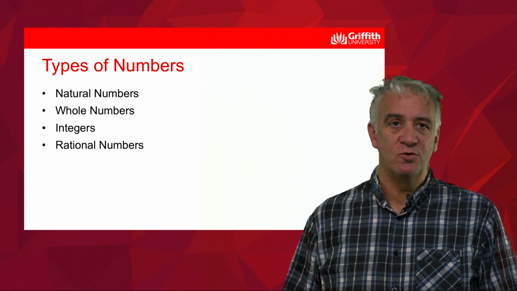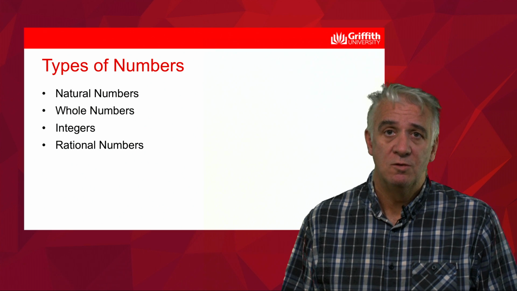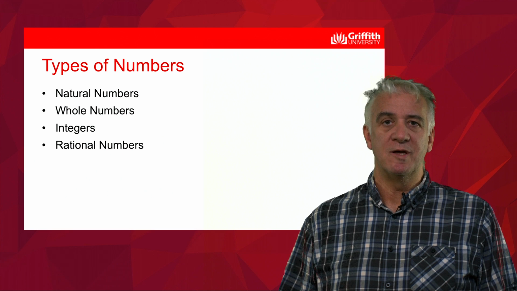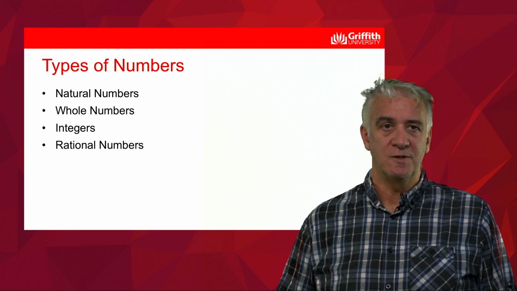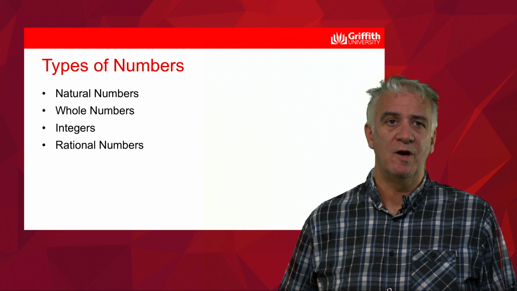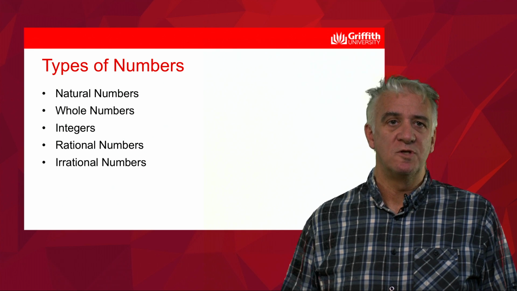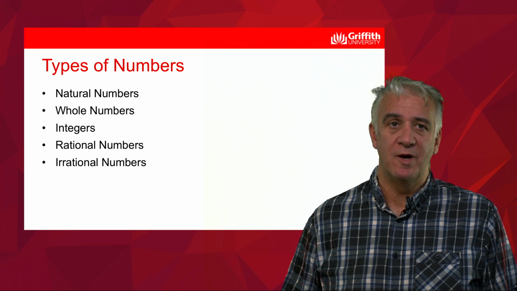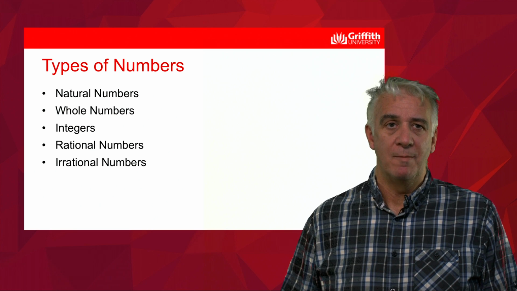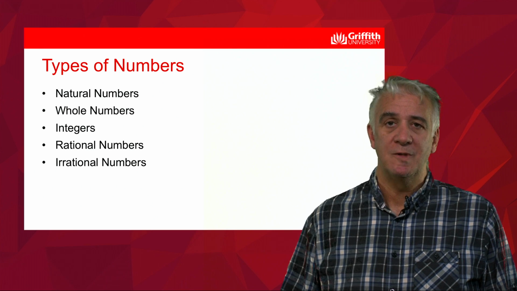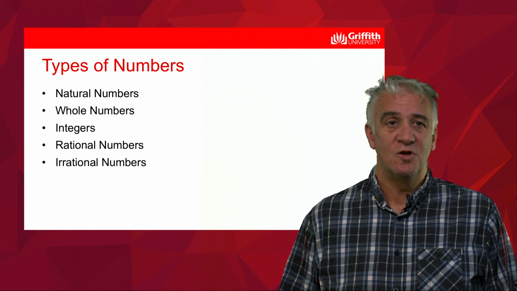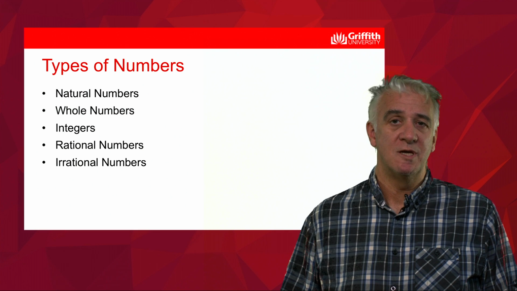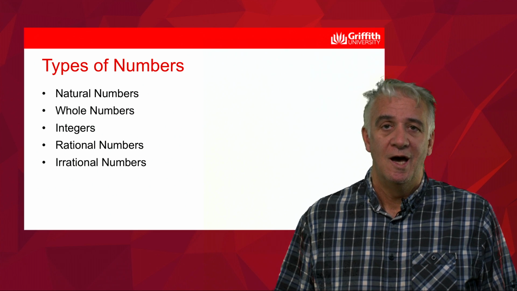The next one is rational numbers. And again, you know rational numbers as any number that can be written as a recurring decimal or an exact fraction. Right. And then of course, if there's rational numbers, there must be irrational numbers. And the irrational numbers are numbers like pi and e. Of course, this is very confusing for students because all of a sudden we're talking about numbers and we're giving them letters.